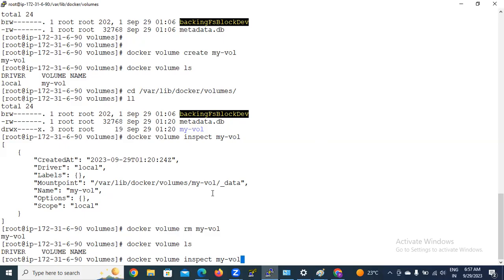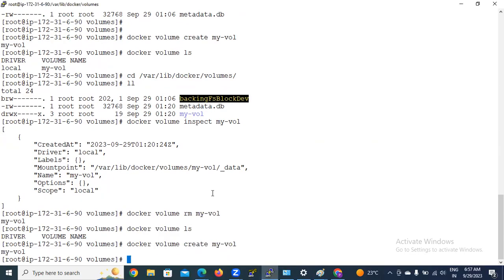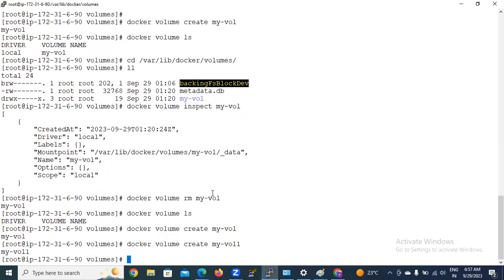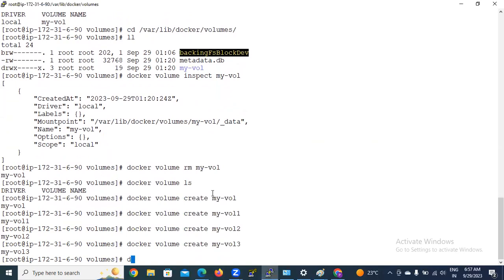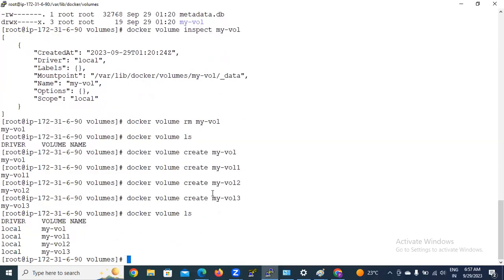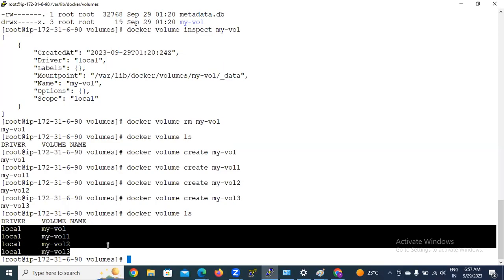And one more thing I want to explain to you. Suppose I create some volumes randomly, like here, one. If you want to see them, docker volume ls. So these are the volumes I have created, around four volumes.